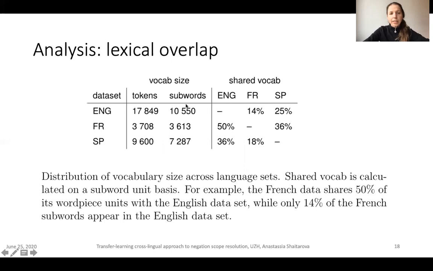We can see that breaking up tokens into subwords reduces the size of the vocabulary. The right side of the table shows the actual overlap. We can see that the French set shares half of its vocabulary with the English set, while the Spanish vocabulary overlaps only by about 1/3. So this might have influenced the results as well.